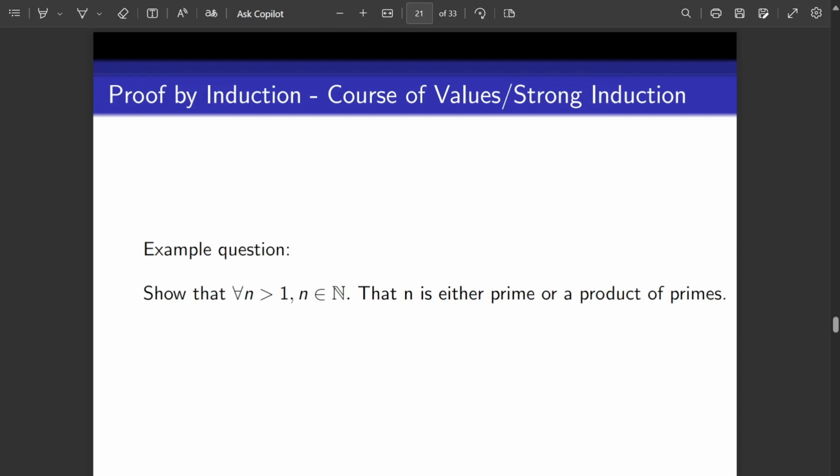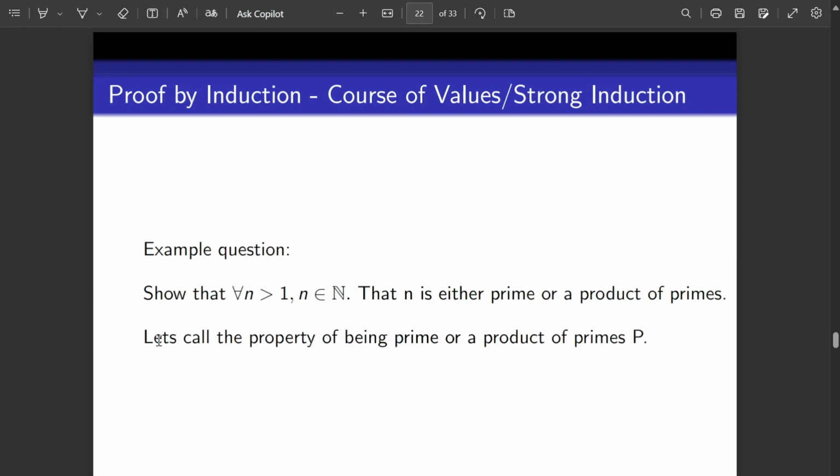Oh, okay, yeah. So the example question: show that for all values of n greater than 1, where n is in the natural numbers, n is either prime or a product of primes. So it either is itself prime or multiple prime numbers multiplied together.